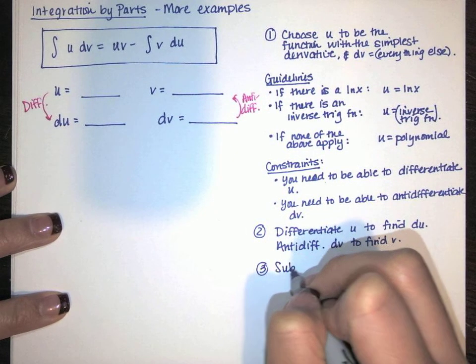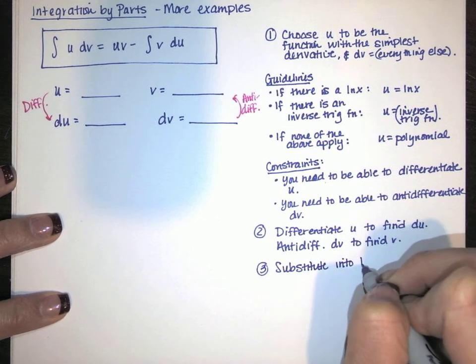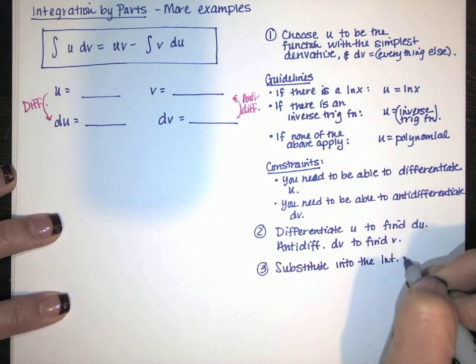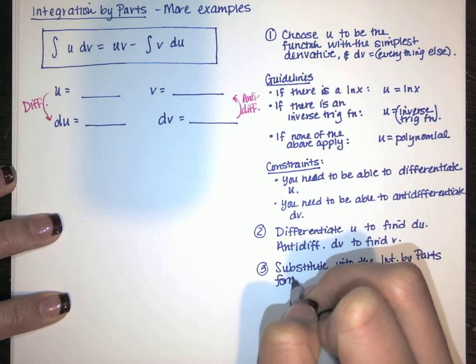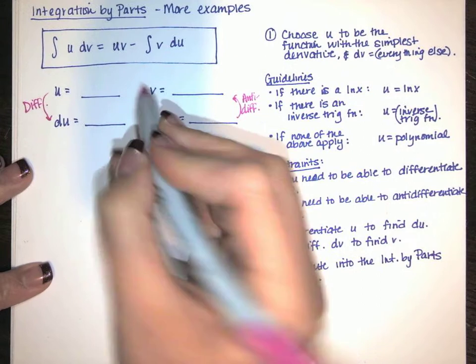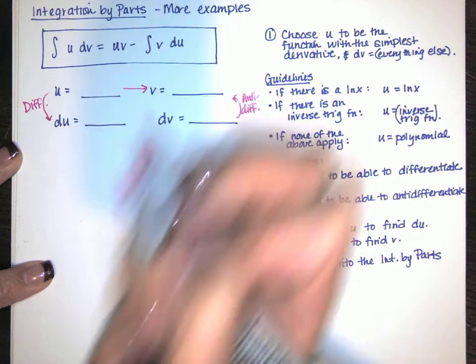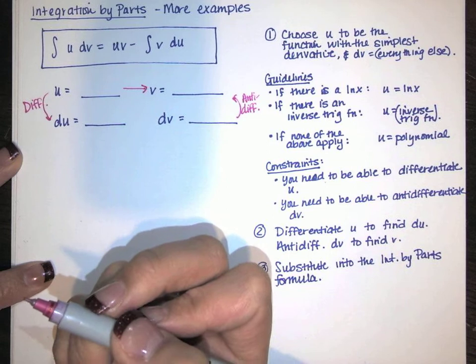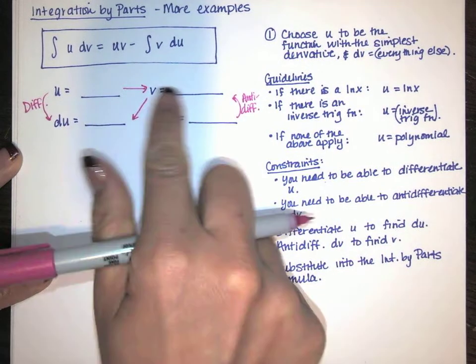And then you're going to substitute your answers into the formula. So you're going to have an answer here and an answer here. And according to the formula, you get u times v, so you're going to multiply straight across, minus the integral of v du. So you're going to have all those pieces.